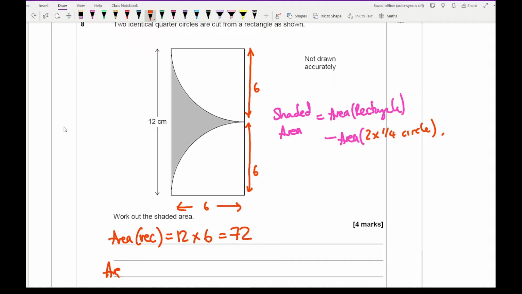And then the area, and I'm going to call it the semicircle, because obviously 2 quarter circles equals a semi, is going to be pi times the radius squared, which is 6 squared, divided by 2, which gives me 36 pi divided by 2. And that's going to give me 18 pi.